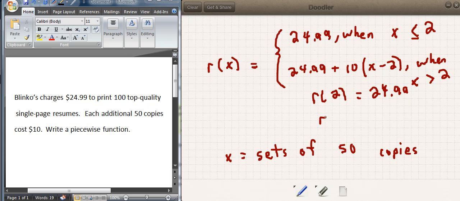If we needed to find R of 5, that represents 5 sets of 50 copies. So I'm going to plug in 5 here. So that'll be 5 minus 2, which is 3. 3 times 10, that'll be $30. $30 plus $24.99 will be $54.99. And that's it for that example.